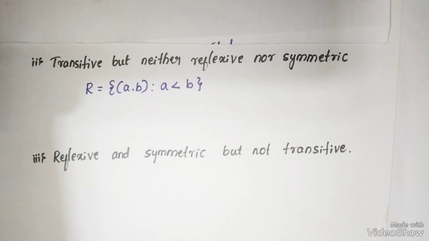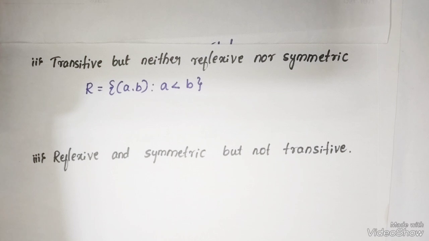This is the example for transitive but neither reflexive nor symmetric. For example, consider 1, 2, 3. (1, 1) is not possible because there is no equal symbol. For symmetric, 1 is less than 2 but 2 is not less than 1, hence not symmetric. 1 is related to 2 and 2 is related to 3, and 1 is always less than 3 too.